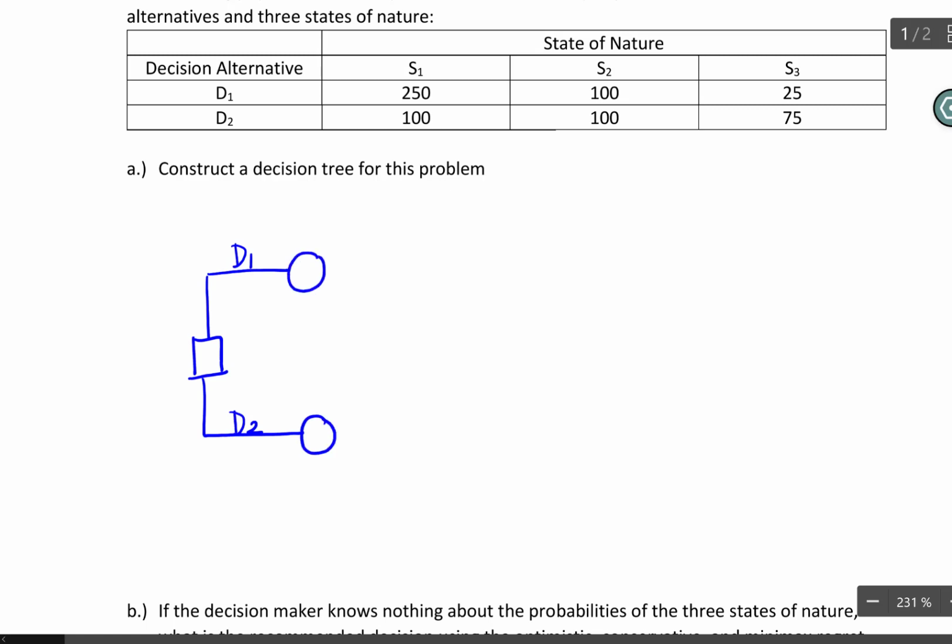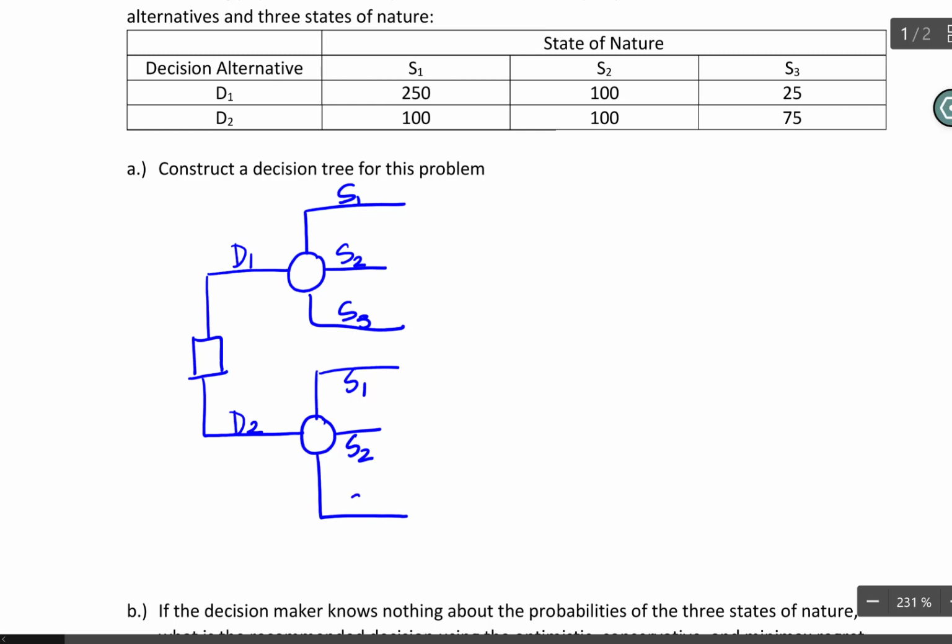So we put 2 circles to represent that we're going from the decision node over to the chance node. And off of each of the chance nodes, we know that we could have state 1, state 2, or state 3. That's the case with each of the 2 decision alternatives.